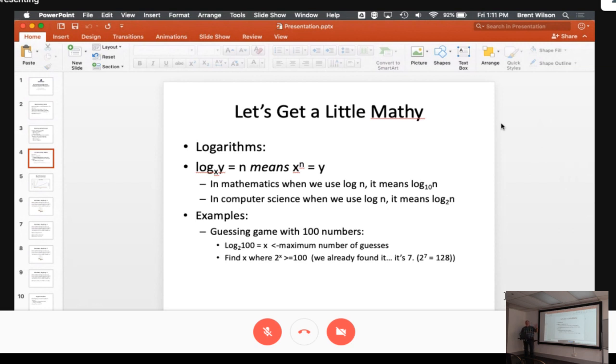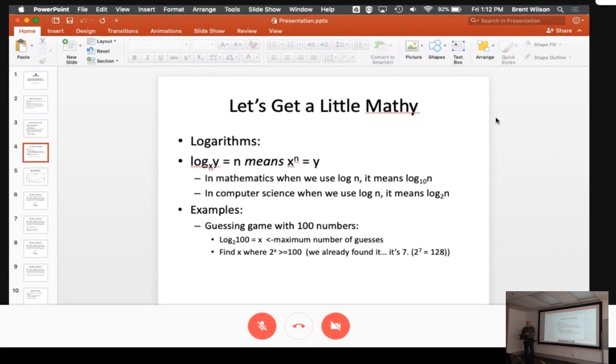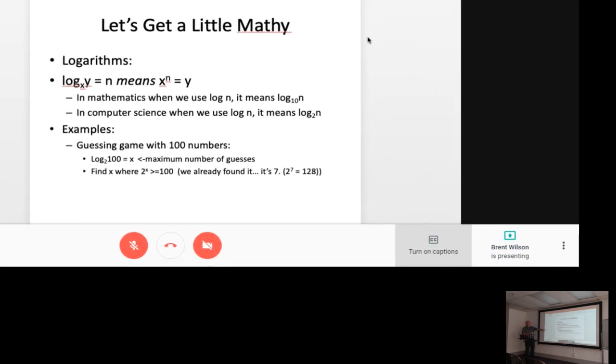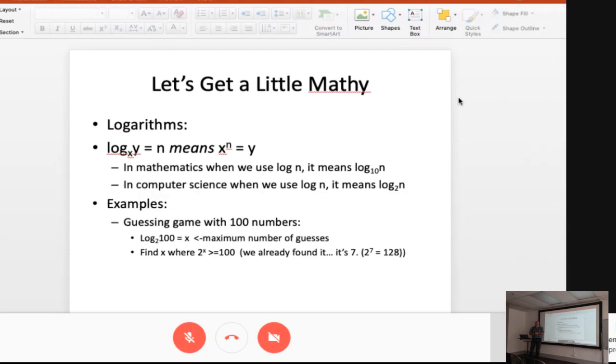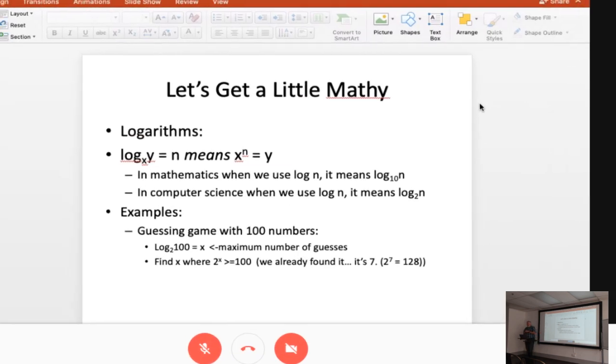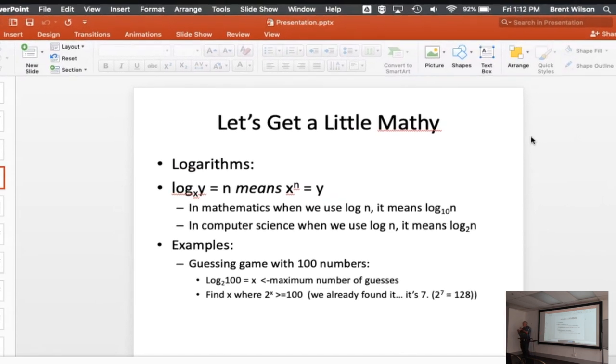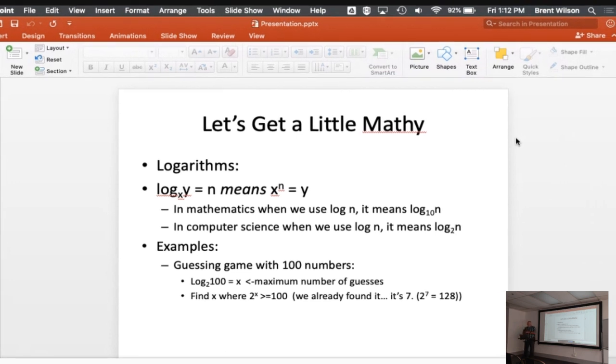And again, is this critical to you? Maybe, maybe not. But more importantly, the idea is a log-based algorithm is when you take the data and you cut it in half, and you cut it in half, and you cut it in half. That's a log-based algorithm. So in the guessing game that we just looked at, log base 2 of 100 numbers equals x.